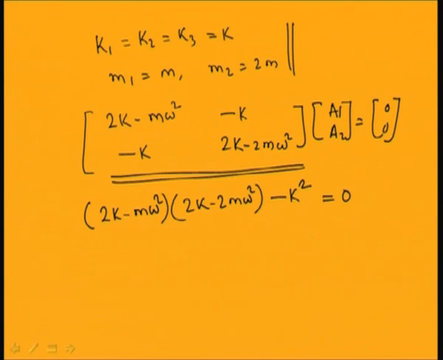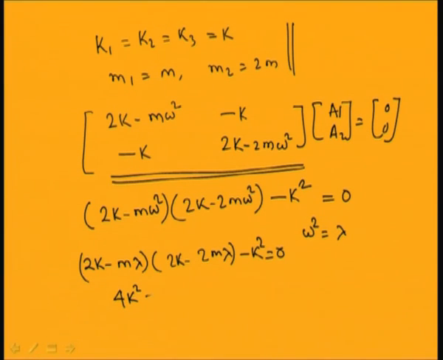So, let me substitute omega square equal to lambda. This equation becomes 2k minus m lambda into 2k minus 2m lambda minus k square equal to 0. I can write this as 4k square minus 6 m k lambda plus 2 m square lambda square minus k square equal to 0.